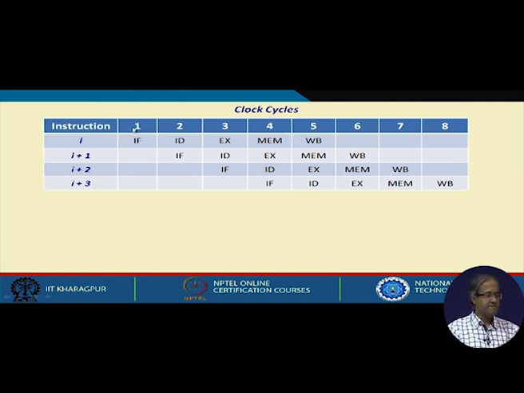After it is fetched, it goes to the decode stage in step 2. While it is being decoded, the next instruction can be fetched. So, there is some overlap. After this is done, the first instruction will go to the execute phase, the second instruction to the decode phase, and the third instruction can go into the fetch.